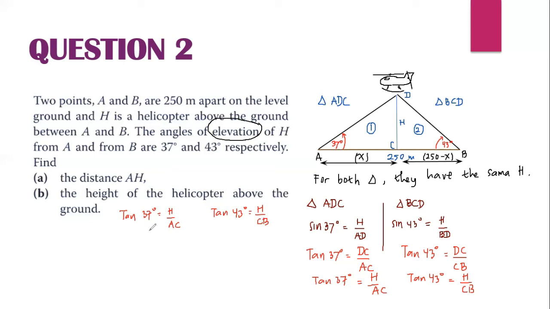Okay, tangent 37 is 0.75. And then here is height over AC, which is x. So by using cross multiplication, we got 0.75x. And the other side, tangent 43 is 0.93 by using calculator, and then CB is 250 minus x.